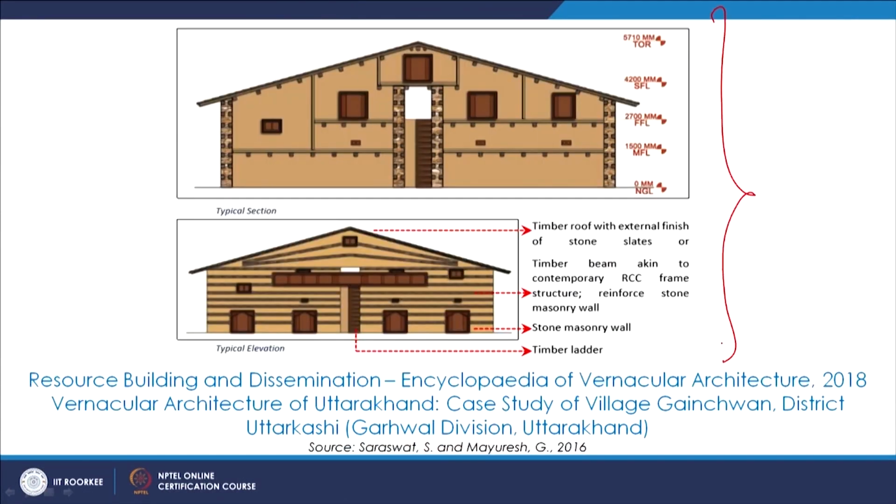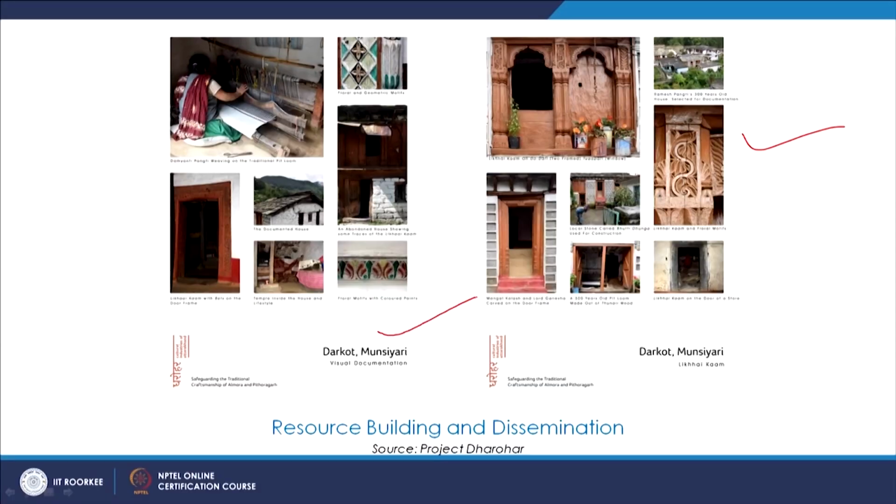This is a plate from the Encyclopedia of Vernacular Architecture, and this has been covered in the encyclopedia, where we are talking about the building craft and interior architecture of Uttarakhand. And some more plates and details, again the traditional pit loom and the space making elements and the building crafts in Uttarakhand.